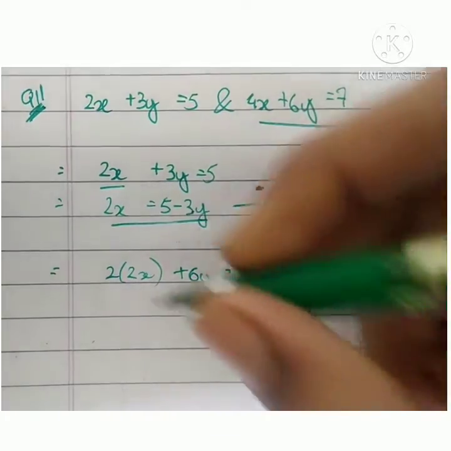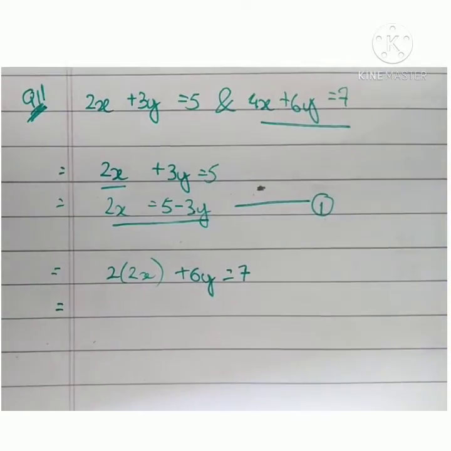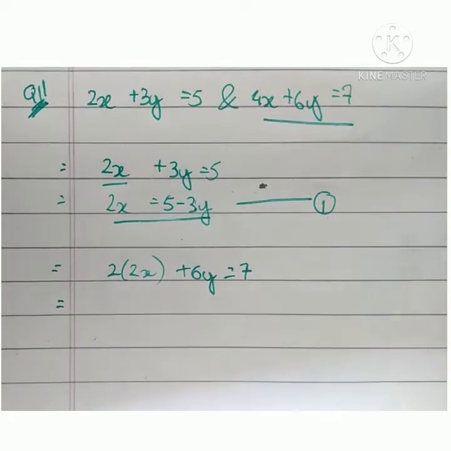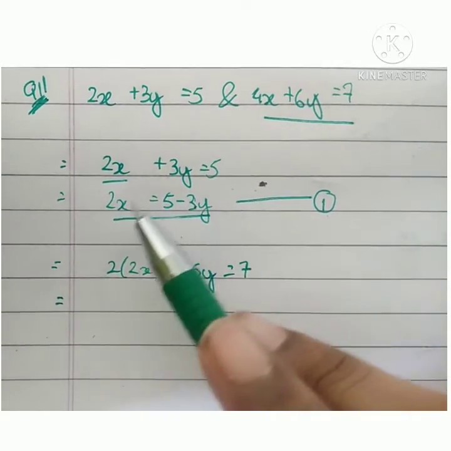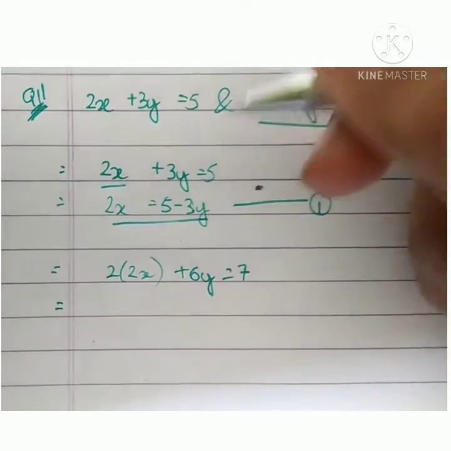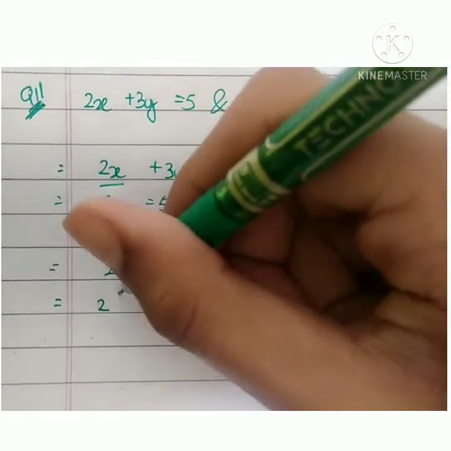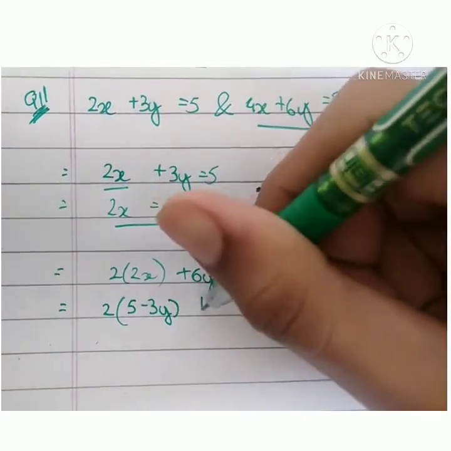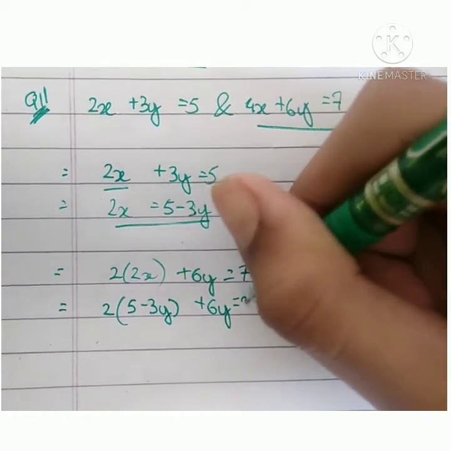I'll tell you why I did this. Now we know the value of 2x, that's why I put it into this part. Or you can separately solve for x only by dividing by 2. It's your wish. So this will be 2 multiplied by (5 minus 3y) plus 6y is equal to 7.